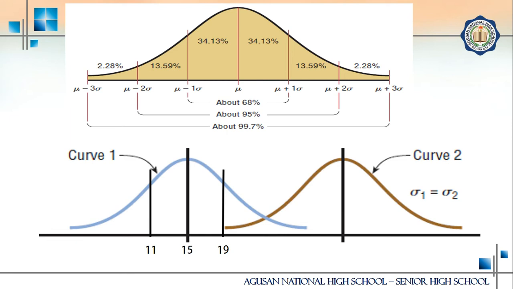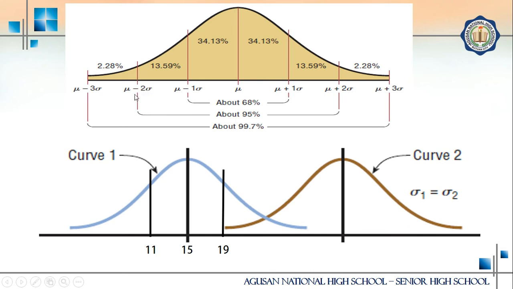So the same, 2 standard deviations below the mean is mu minus 2 times the standard deviation, and 2 standard deviations above the mean is mu plus 2 times the standard deviation. Therefore, for 2 standard deviations, 2 times 4 is 8.